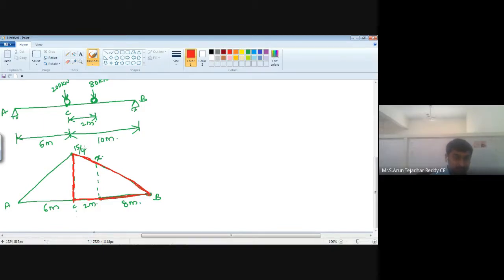What is the base? You need to check from C to B, because the C to B portion is the bigger triangle. So this entire base is 2 meter plus 8 meter, 10 meter. This is our base, and our perpendicular is 15 by 4.